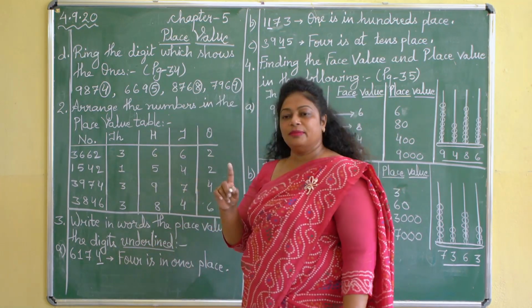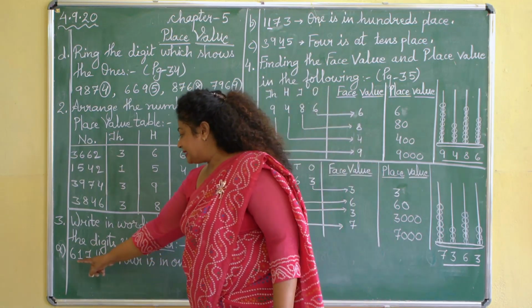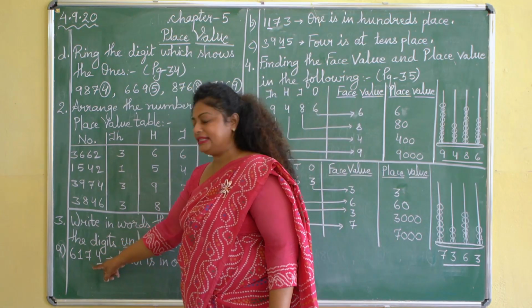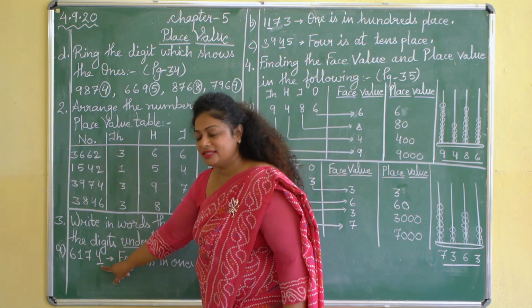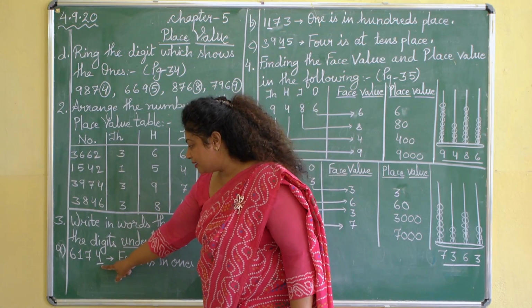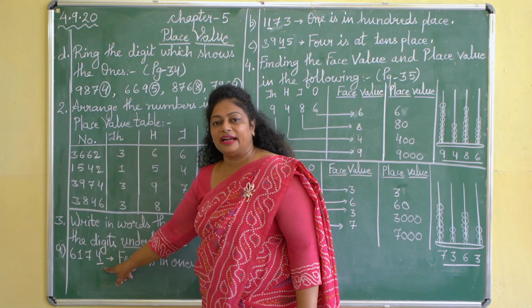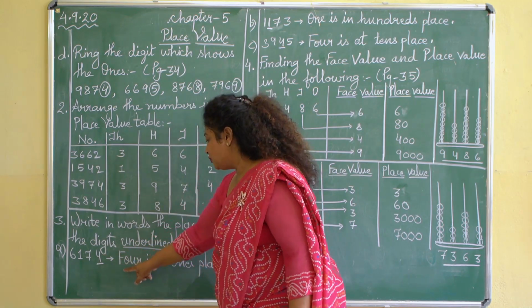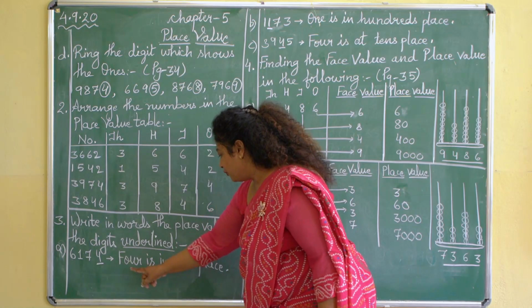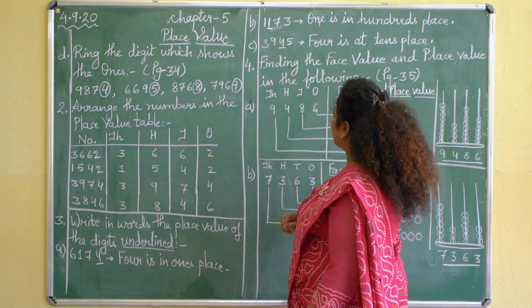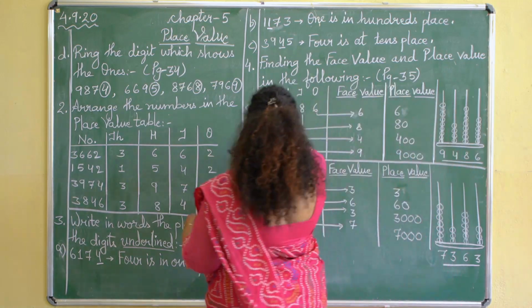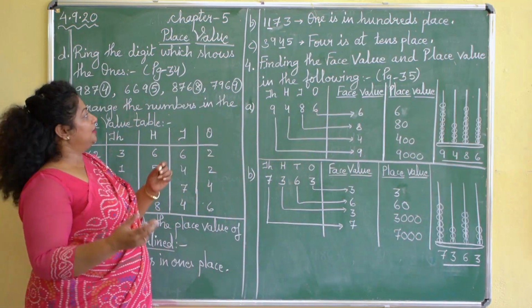So the first number given to you is 6174. In this number, the digit 4 is underlined because the digit 4 is at ones place. So we will write in words 4 is in ones place. Right? Now, I'm moving to next number.